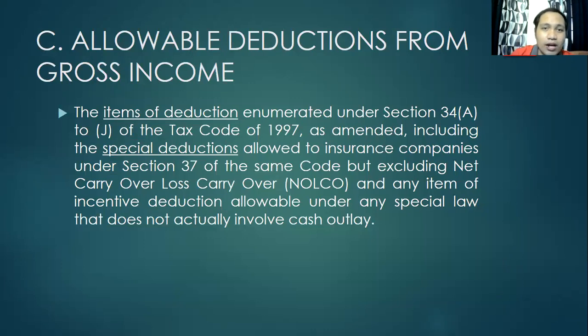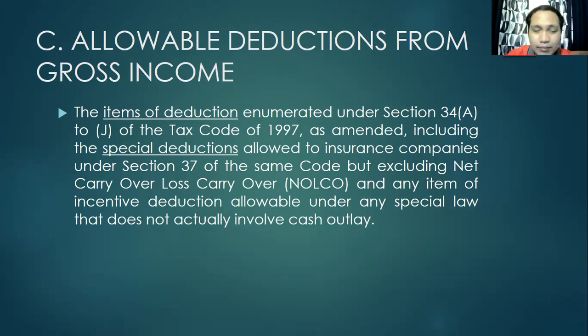Now, as defined by law, allowable deductions are referred to items of deduction enumerated under Section 34 A to J of the Tax Code of 1997 as amended, including the special deductions allowed to insurance companies under Section 37 of the same code, but excluding the net operating loss carryover, and any item of incentive deduction allowable under any special law that does not actually involve cash outlay.